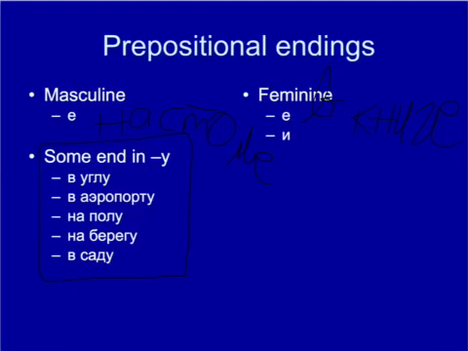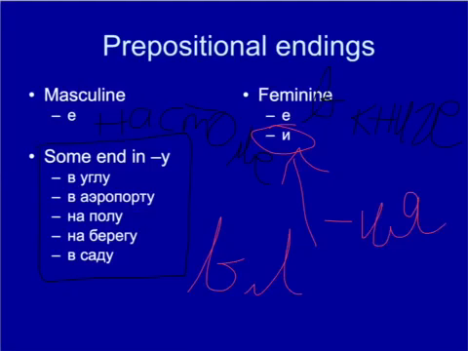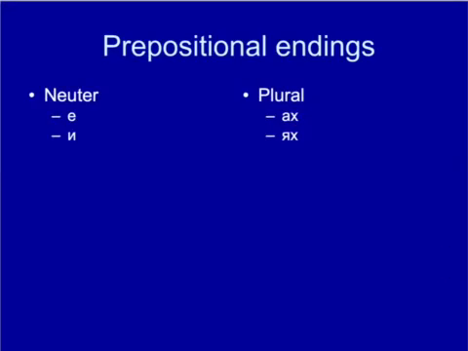So which feminine ones go to -i? The feminine ones that go to -i are ones that end in a soft sign, and also the ones that end in -iya, which is why when we learnt countries, we learnt v Anglii. The neuter ones also nearly all end in -e.